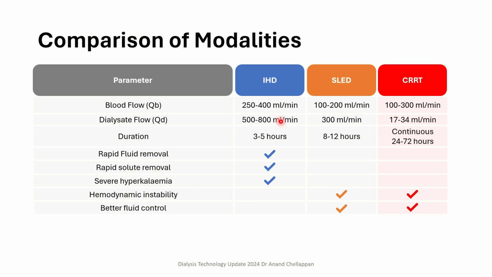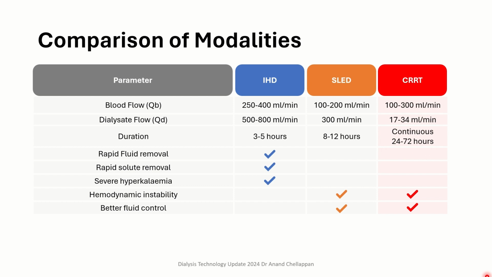Coming to the dialysate flows, intermittent hemodialysis has the highest dialysate flow ranging from 500 to 800 ml per minute. This is followed by SLED, which is typically 300 ml per minute. And in CRRT, it is much lesser, 17 to 34 ml per minute. A typical intermittent hemodialysis session lasts for 3 to 5 hours, SLED 8 to 12 hours, and CRRT is a continuous form of therapy.